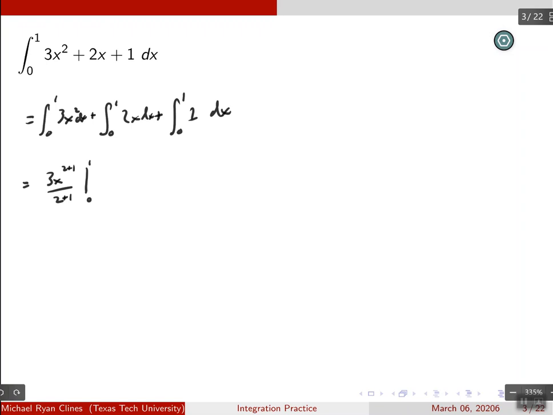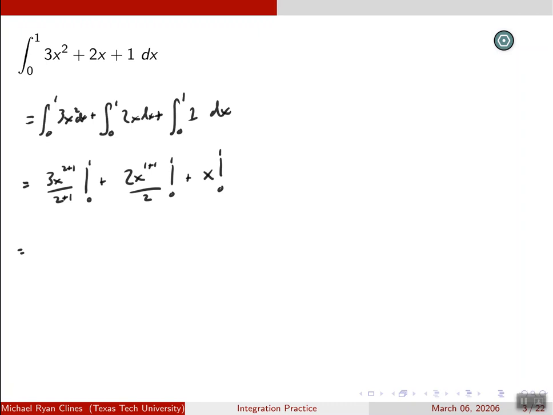As you recall, this notation right here just means we found the antiderivative, but we still have to do the fundamental step. So it's basically just a reminder that's going to hang along with you until you're ready to deal with that. And the next one, we get 2x to the 1 plus 1 over 2, evaluated from 0 to 1, plus the integral of 1, which is just x, from 0 to 1.